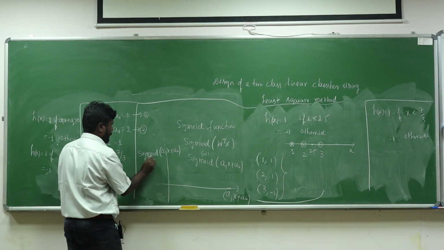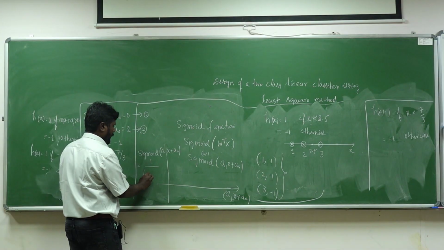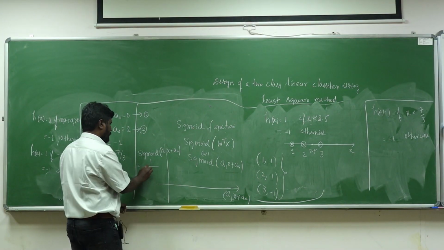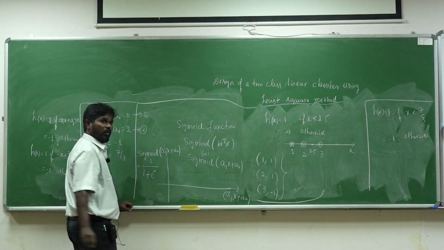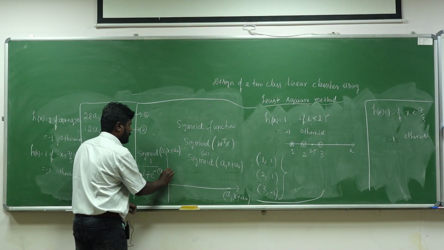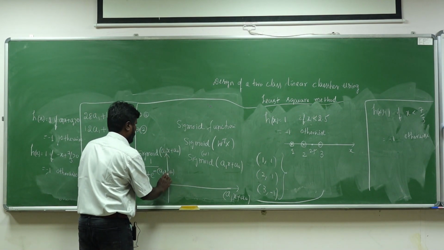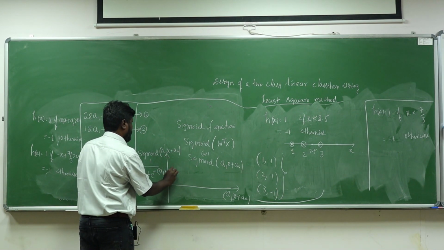It is equal to 1 by 1 plus e power minus (a1 x plus a0).